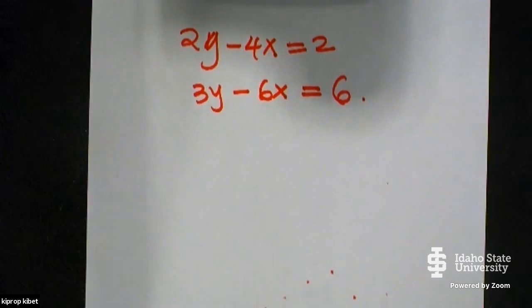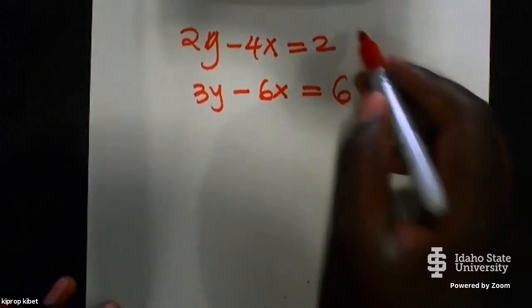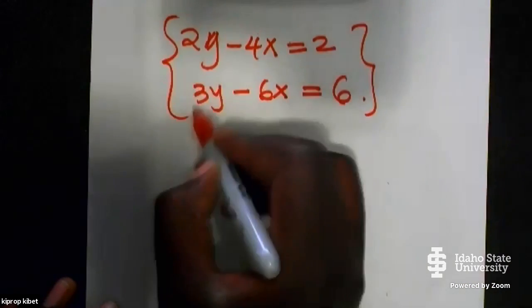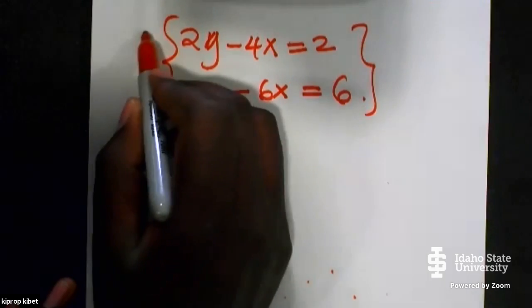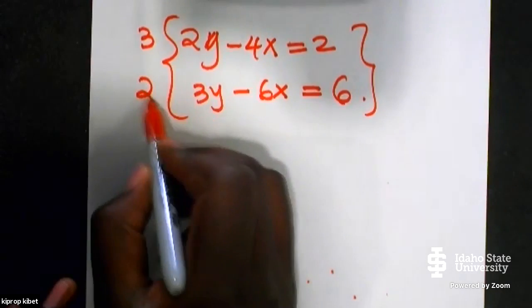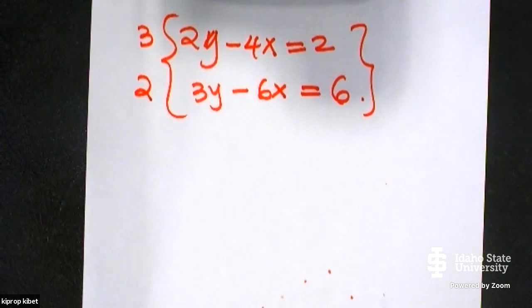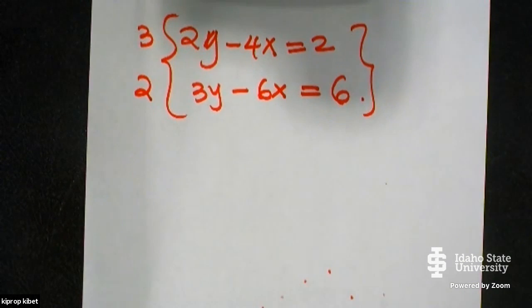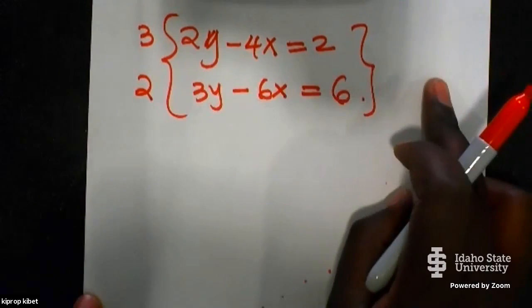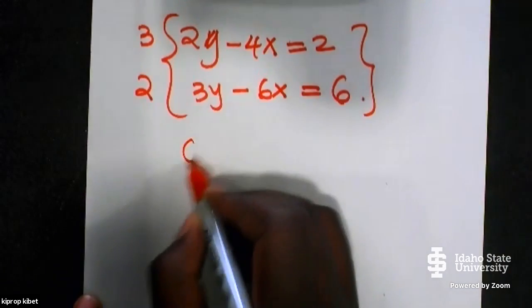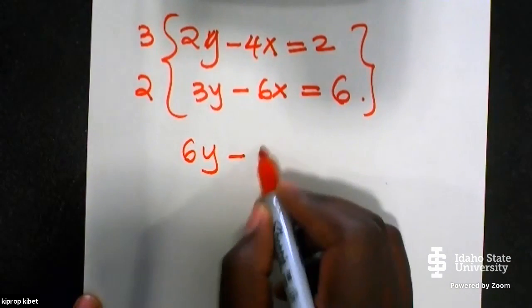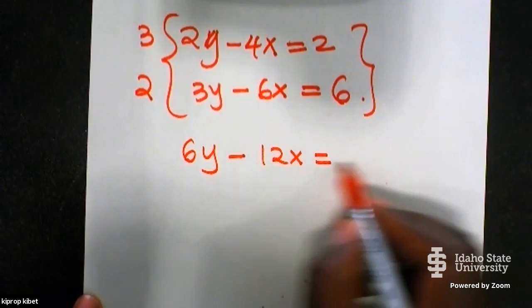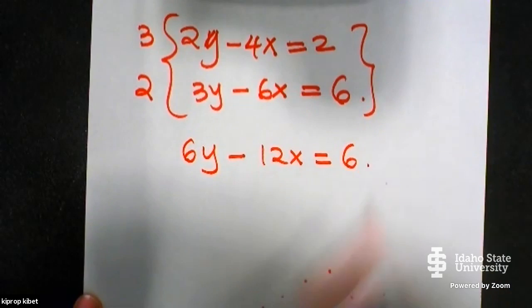We can multiply the first one by 3, and then the second one by 2. Let's try eliminating the y. When we multiply the first one by 3, you get 6y minus 12x equals 6.